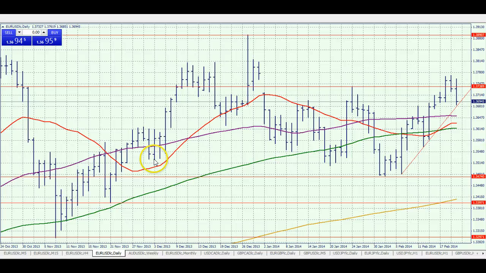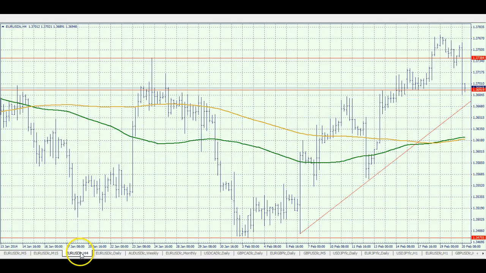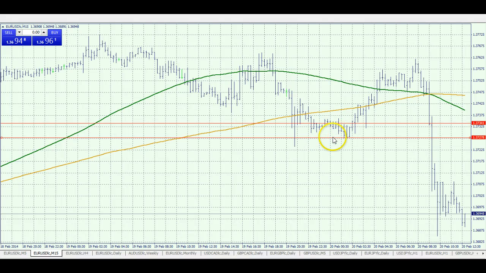If you look at the 4-hour chart, you had a breakdown through yesterday's low. Well, actually, you can look on the 1-hour chart. That might be easier. We had a breakdown through yesterday's low, which right here was 137.24, and a subsequent set of lows around 137.28.